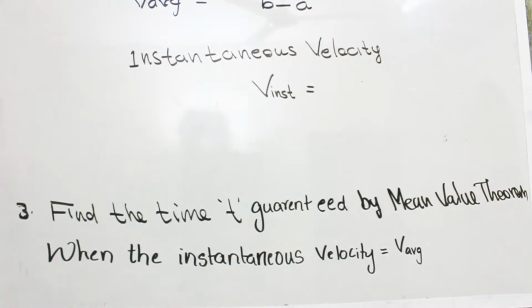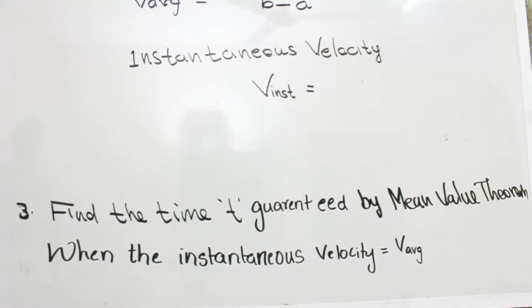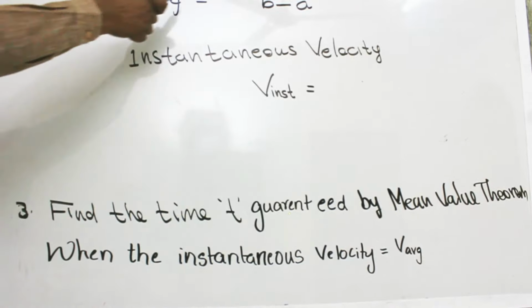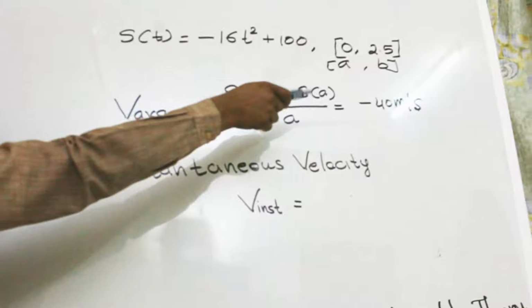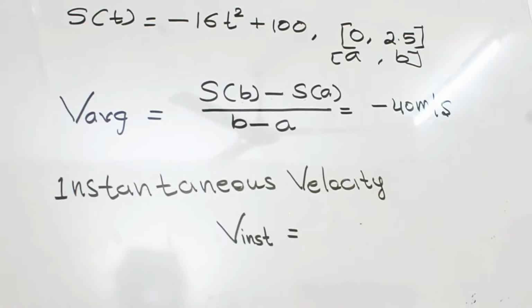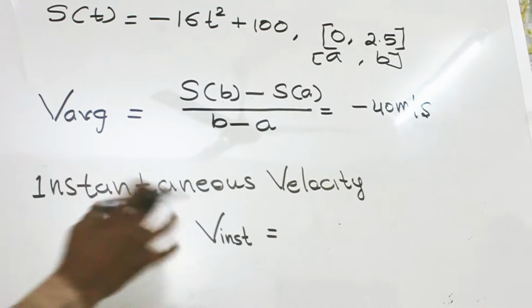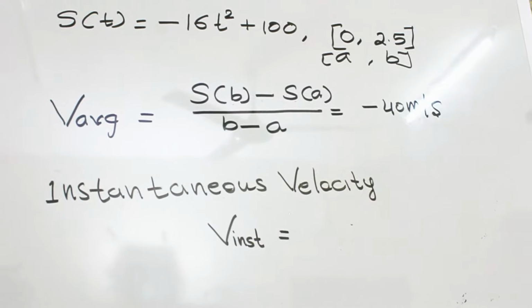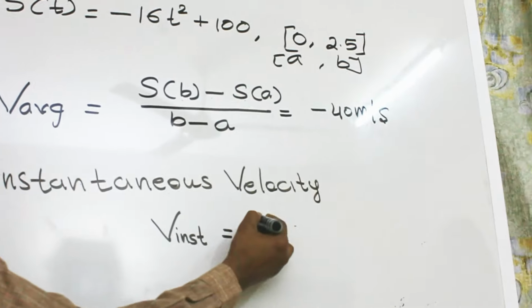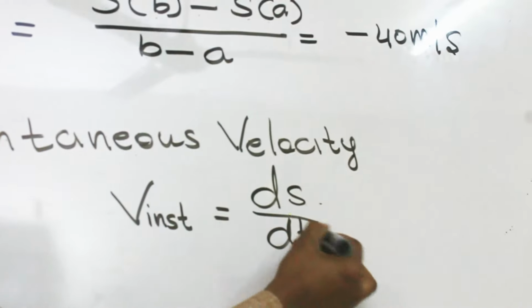Now the third question: find the time t guaranteed by the mean value theorem when the instantaneous velocity equals the average velocity. We calculated the average velocity as minus 40 meters per second, and for instantaneous velocity we have to calculate v inst, which is usually found by taking the derivative, ds by dt.